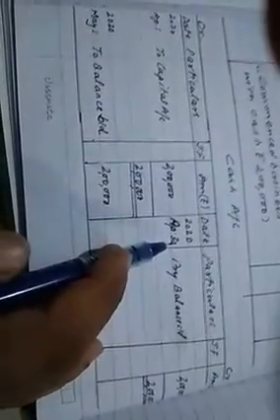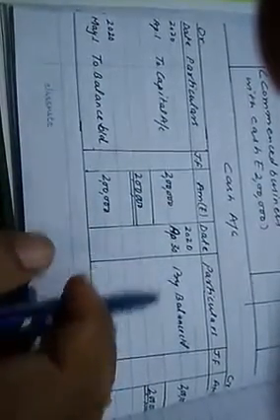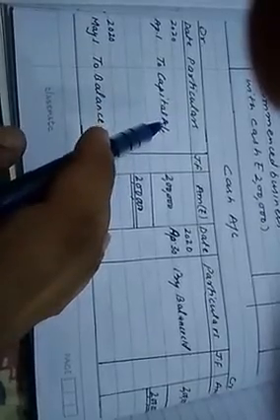April 30. Balance carried down. The date will be the last date of the same month. Okay, that is April 30.